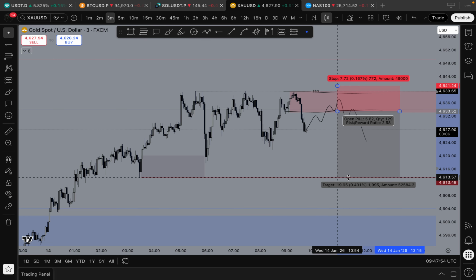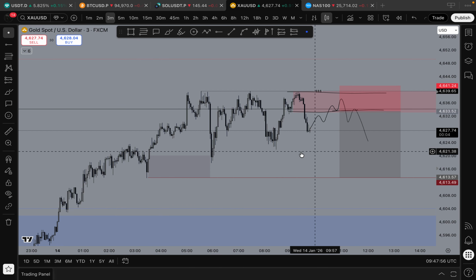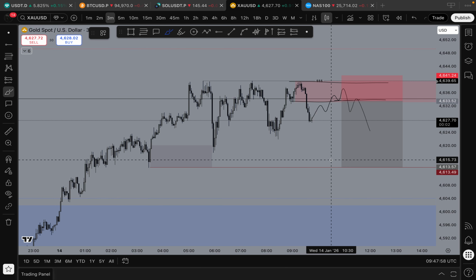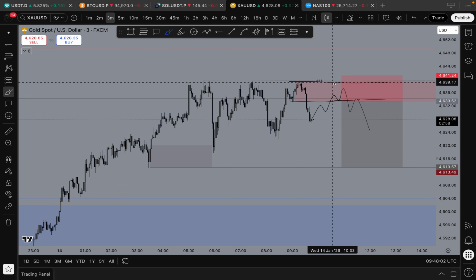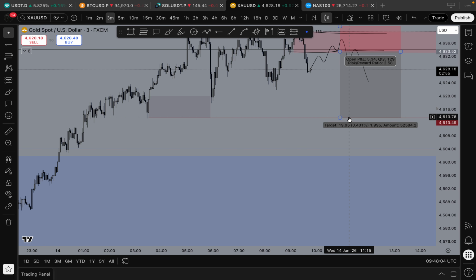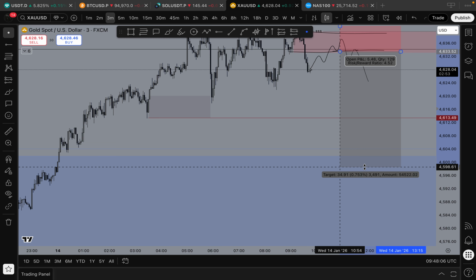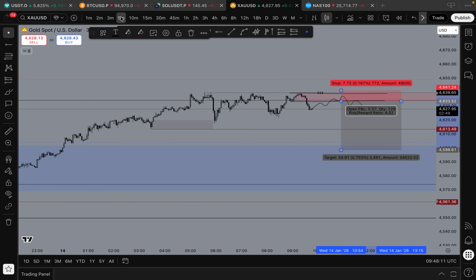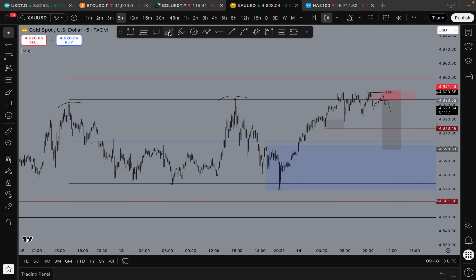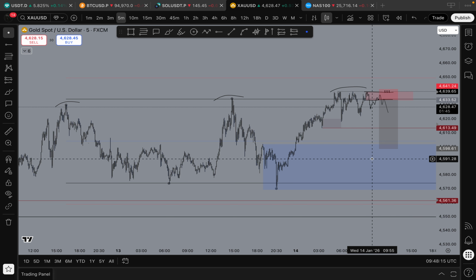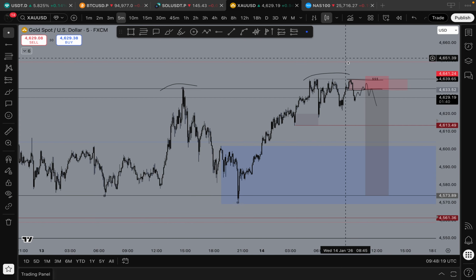And then first target would be this market structure point, because it's possible that price takes that low, doesn't close below it, and then you have an SFP, and then you can rotate back up again. But main TP would be towards that demand block there. And technically, if this turns into a model 1, then your technical target would be the range low. So that's what I would look at.